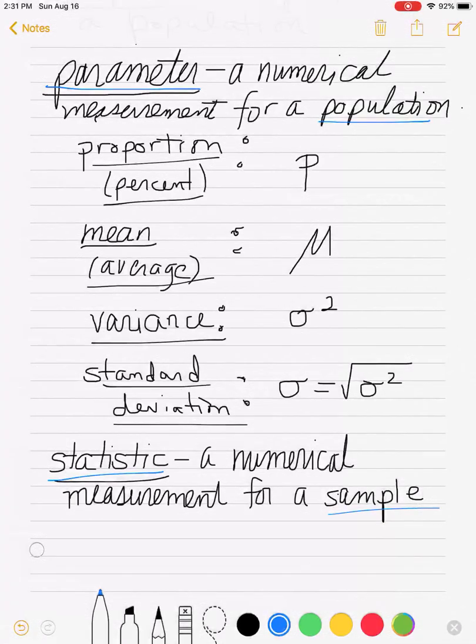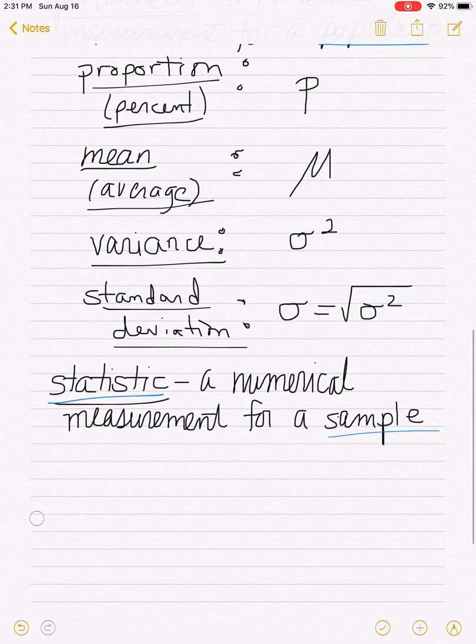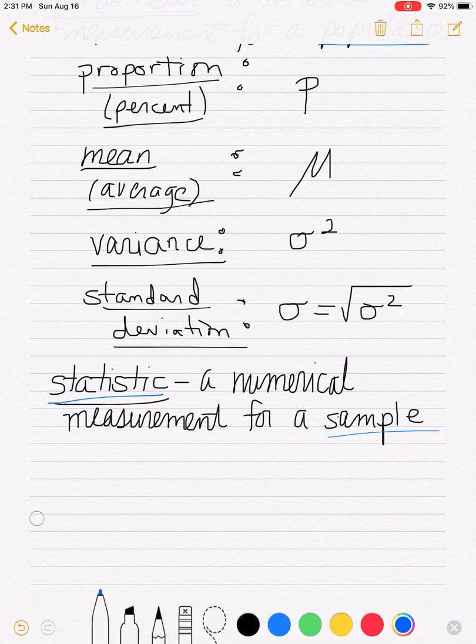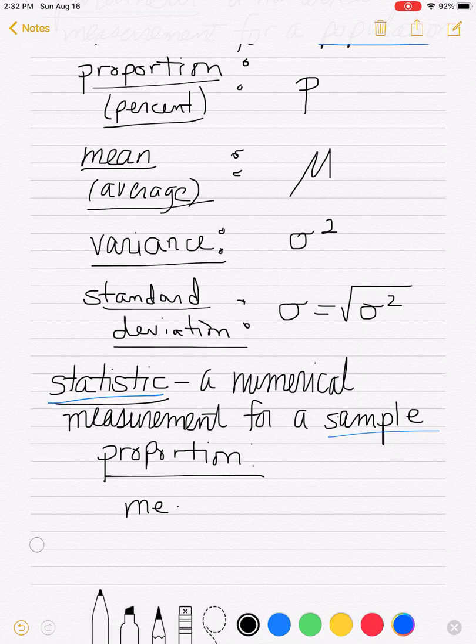So you have the same exact numerical measurements for samples as you do for populations. You have proportion, which measures the percent of something occurring. You have the mean, which is the average. You have the variance, which is how spread out data is. And you have standard deviation, which is how spread out data is.